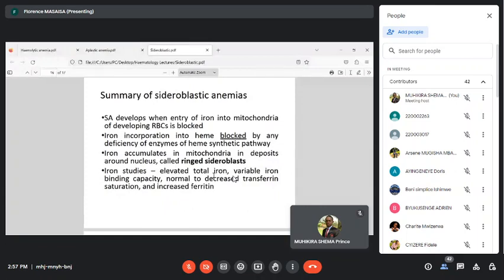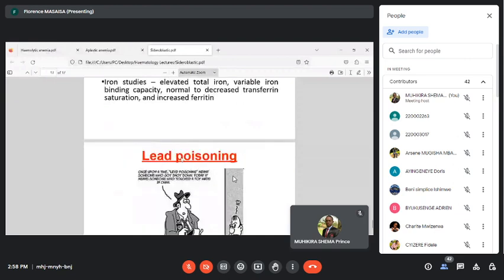As the iron is not used for erythropoiesis, there will be increased serum iron, normal to decreased transferrin, and increased ferritin. In severe cases that may also cause organ dysfunction. So that's what we have for sideroblastic anemia.